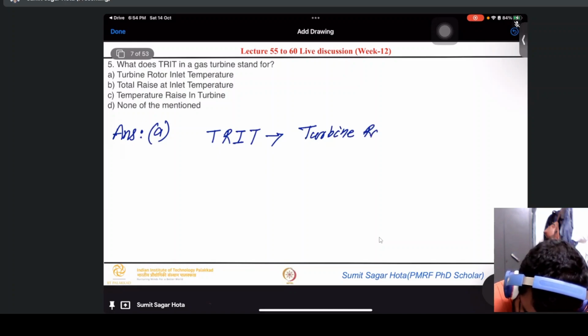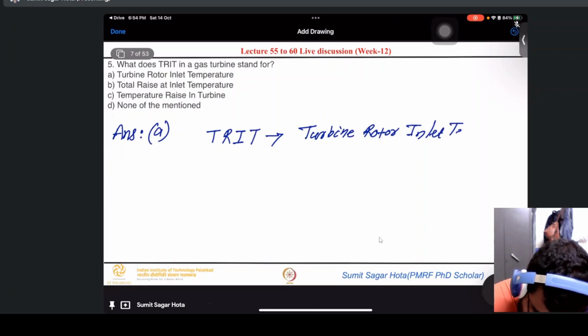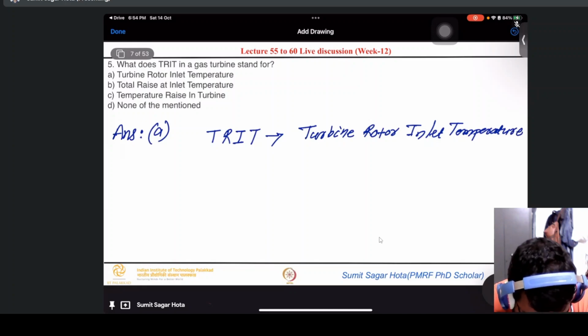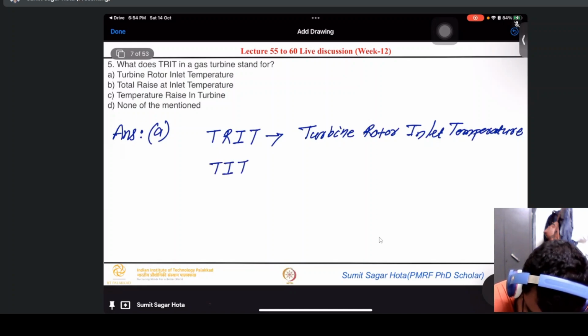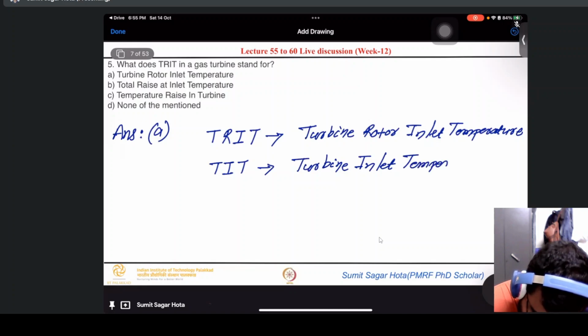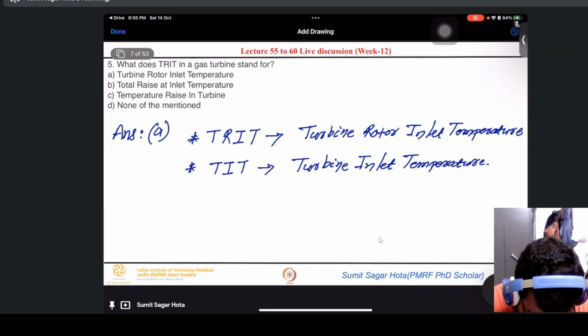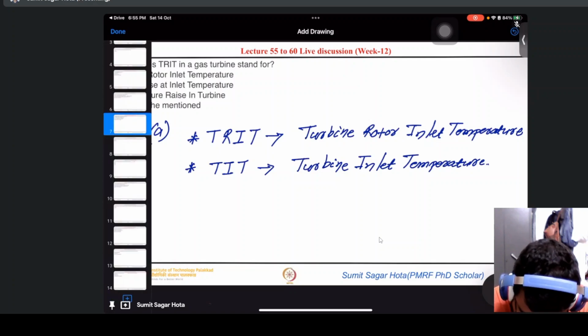If TIT is given, then it is turbine inlet temperature. Get it? So now the next question.